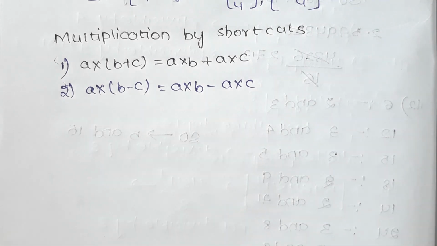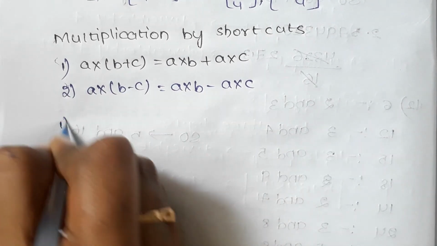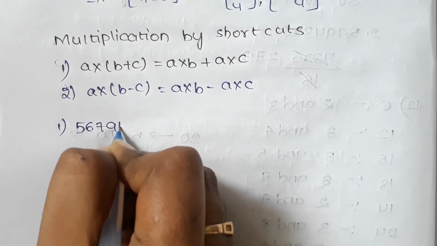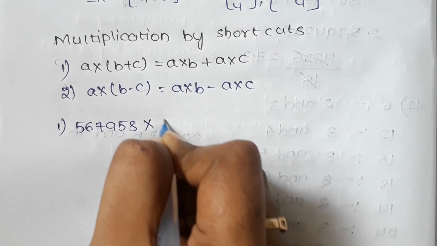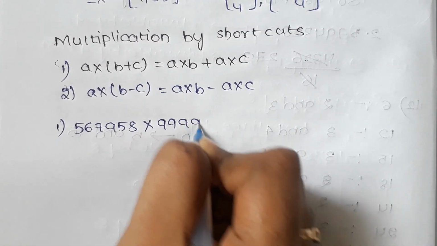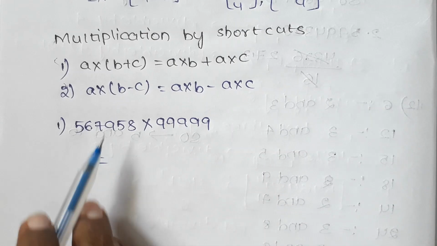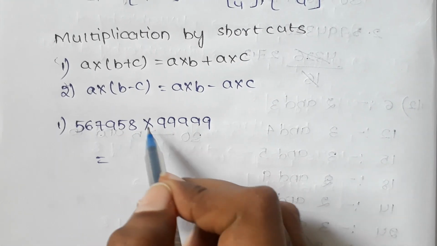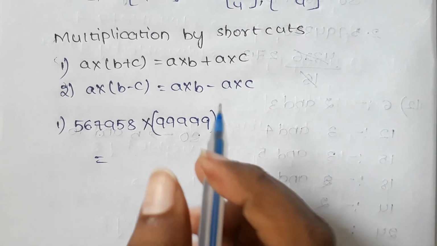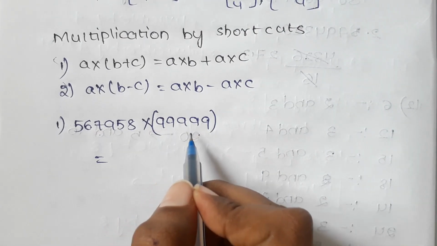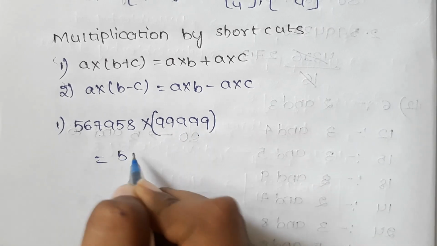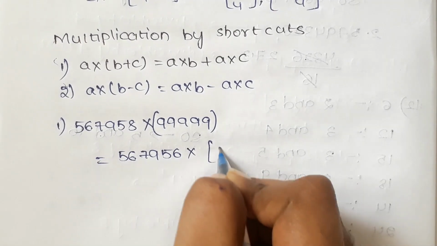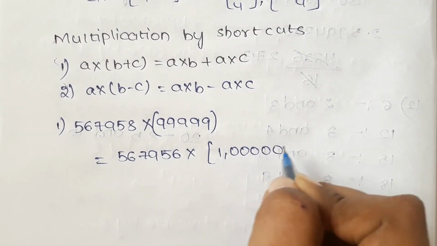Here let us see one example, that is 567958 into 99999. Here this is a and this is b. For an easy method, this 99999 can be written as 567958 into 1 lakh minus 1.